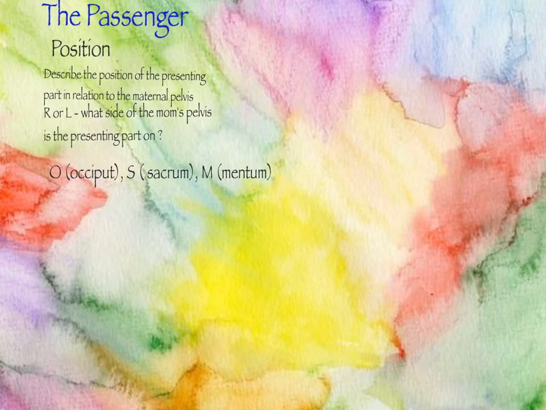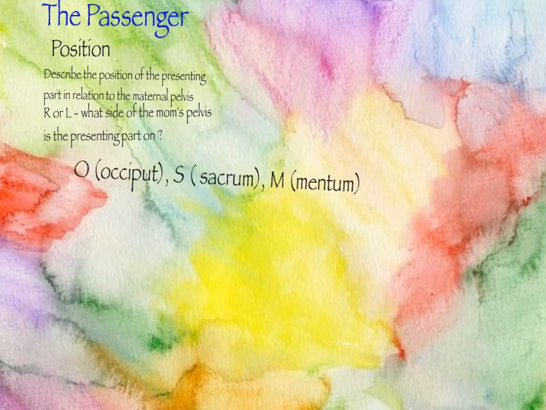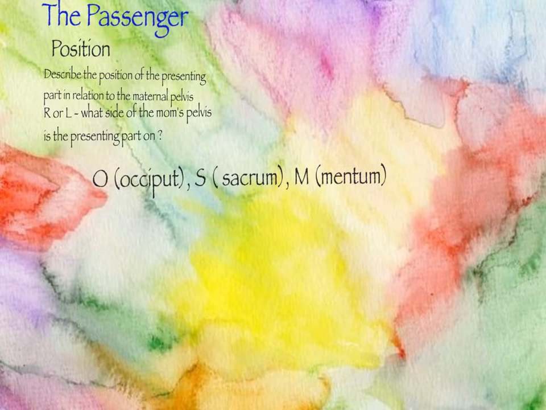Now it's uncommon to see sacrum and mentum, but it does happen. So when we're describing the second letter, it's whatever the presenting part is. If it's the occiput, if it's the sacrum, if it's the mentum.